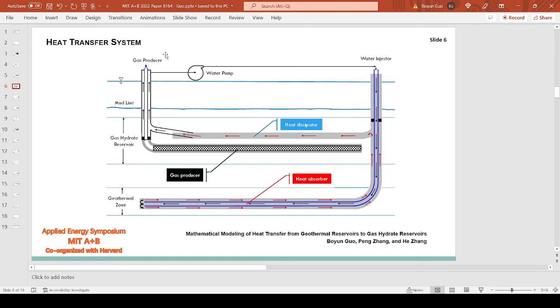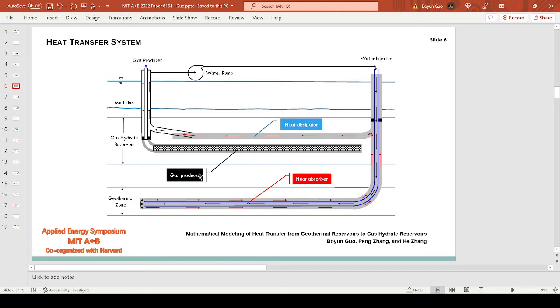The heat transfer system involves water injection from the surface to the geothermal zone, where the water is heated and returned to the wellbore in the gas hydrate zone, where the water dissipates heat into the reservoir, heating the gas hydrate to cause dissociation of gas hydrates. The free gas is produced by these horizontal wells we call the gas producer.